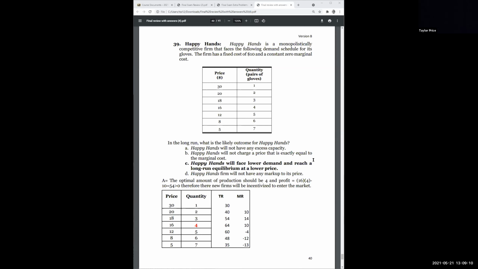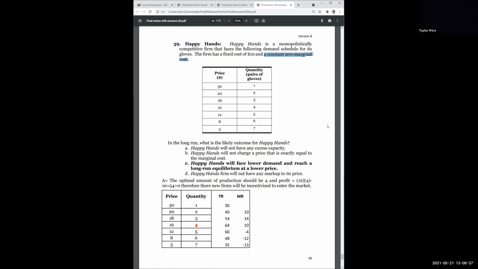Yeah, I think for this one, let me take another second to read all of the options and read the question one more time. Oh, okay. So this one is a little weird because the thing that they're trying to trick you with is saying the firm has a constant $0 marginal cost.